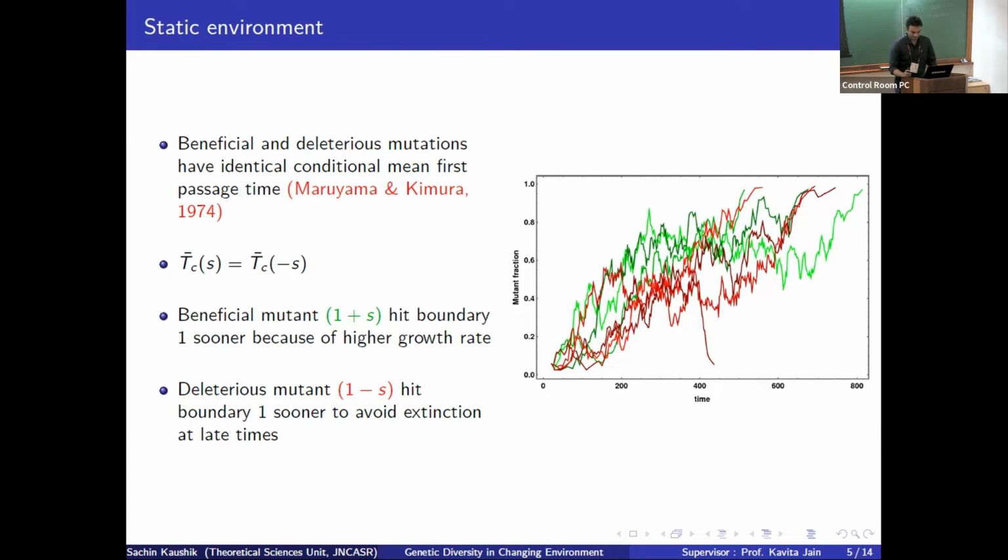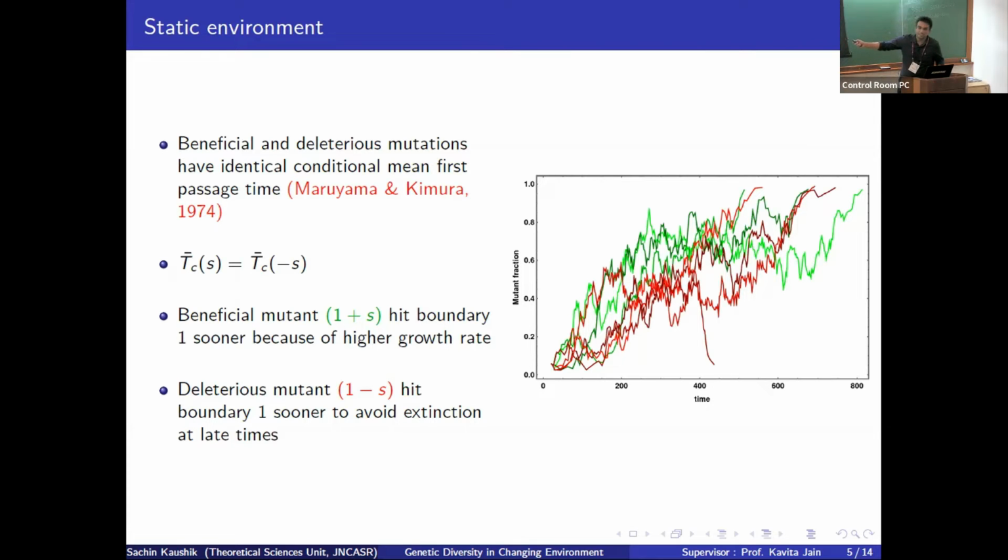Whereas this is not the case. Comparing the two cases, with growth rate high and growth rate low, the high one propagates because it is advantageous, but the lower one, with 1 minus S, if it has to hit the x equals 1 boundary, has to do it very early. Otherwise, it can be lost from the population at later times.